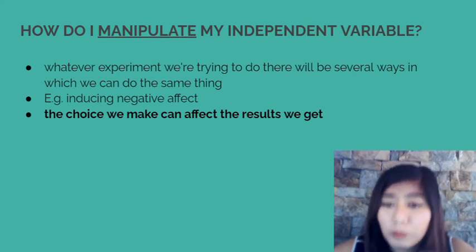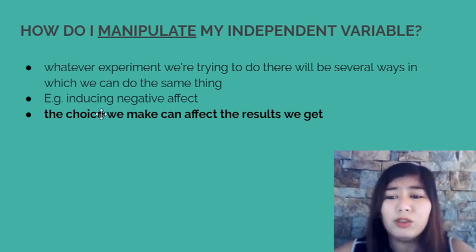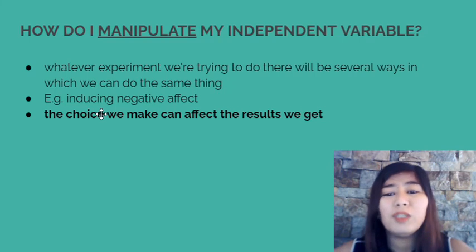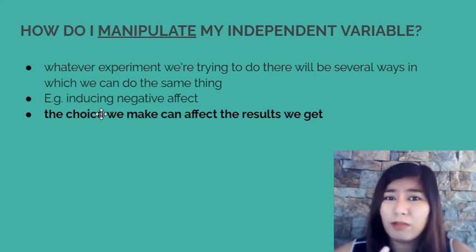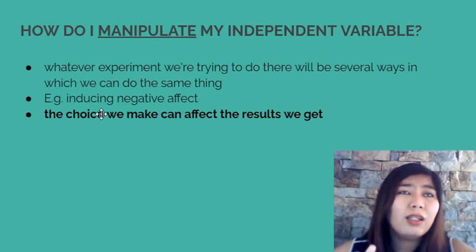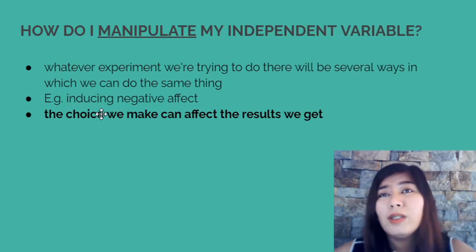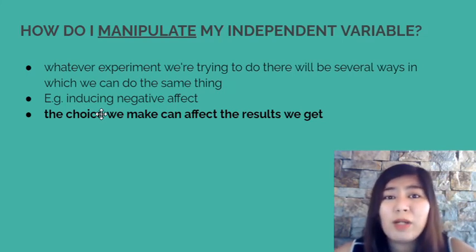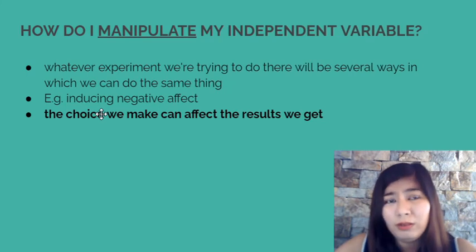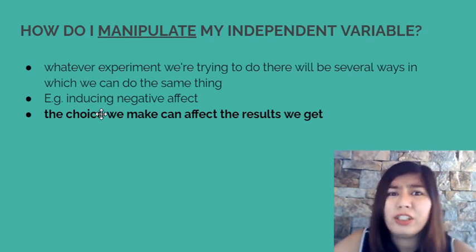Okay. So whatever experiment we're trying to do, there will be several ways in which we can do the same thing. So we can have the same independent variable, but we can think of multiple ways on how we can manipulate it. We can use several different, unique stimuli and different designs in our experiment, and we can still use the same independent variable of interest.